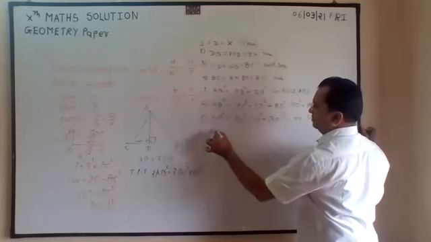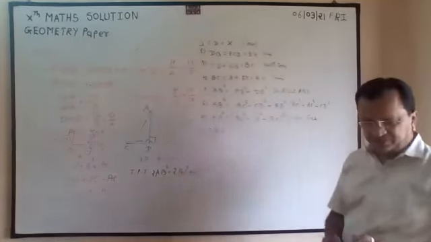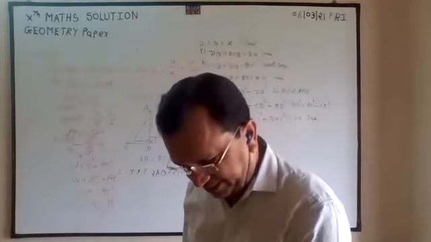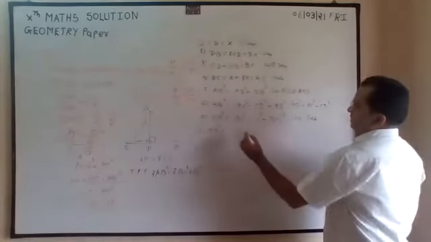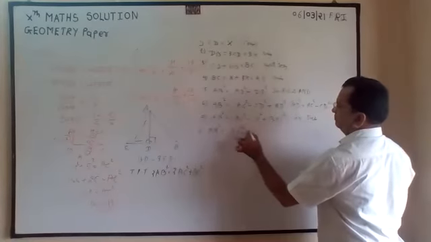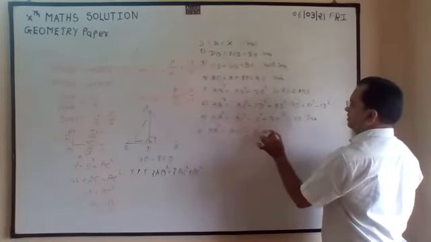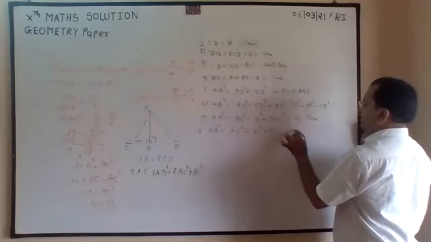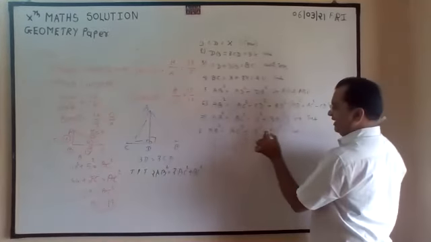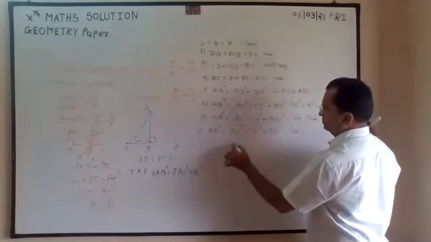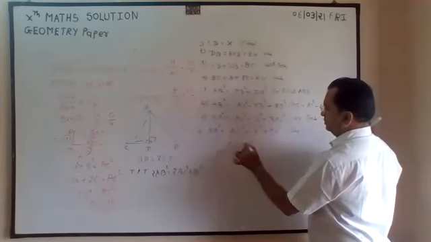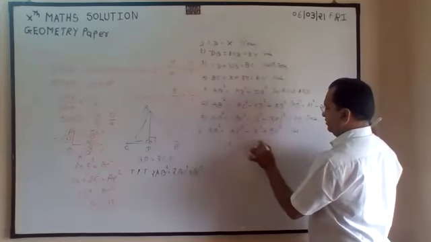This is the best method. Don't substitute segments inside. AC will be the same. 3 3s are 9. Simplify: 9x square minus 1x square gives 8x square.